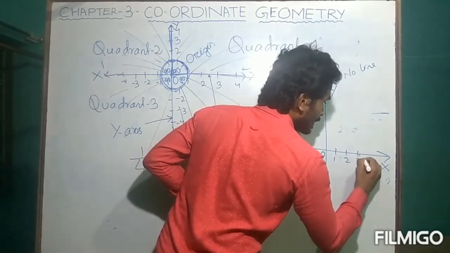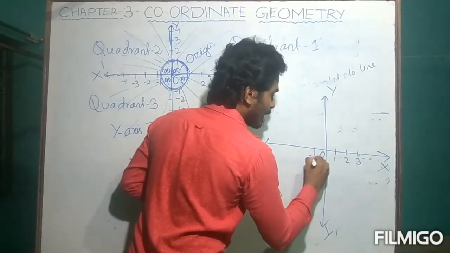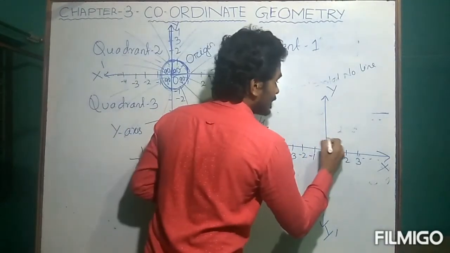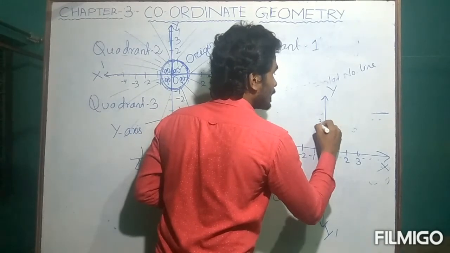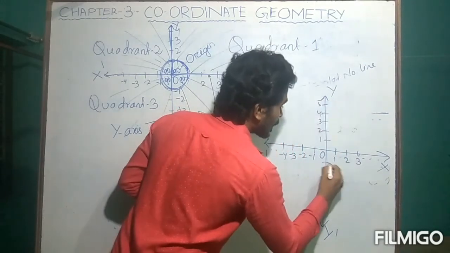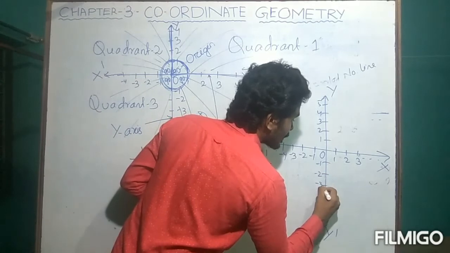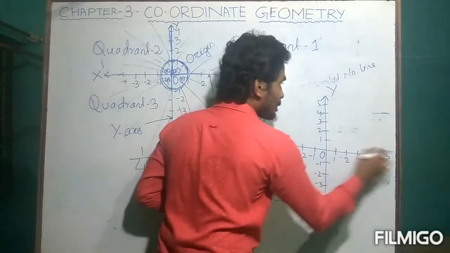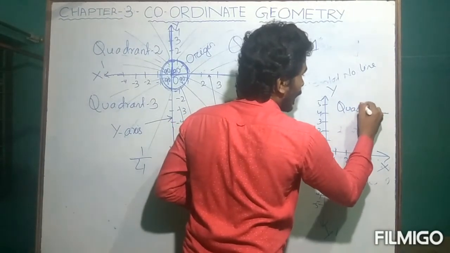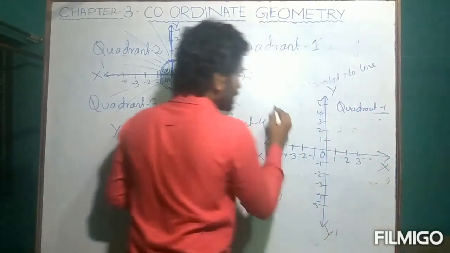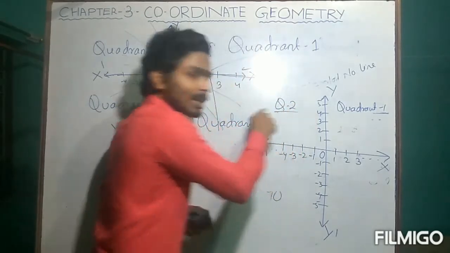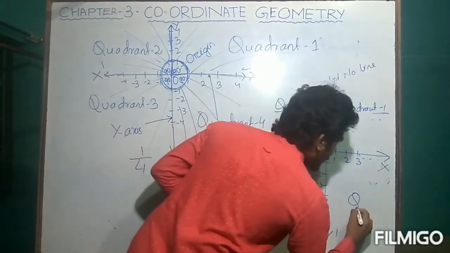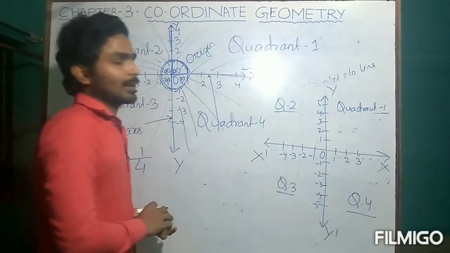Then 1, 2, 3 and towards the left -1, -2, -3, -4, and on the y-axis 1, 2, 3, 4, 5 and -1, -2, -3, -4, -5. It has four parts. This part is known as quadrant 1. I am simply writing Q2 for quadrant 2, this is quadrant 3 and this is quadrant 4.